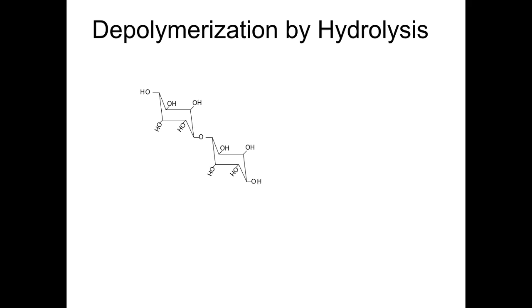So just to show you depolymerization with hydrolysis, we've got our maltose right here. And this is a carbohydrate. It's a polymer carbohydrate. It's a disaccharide.